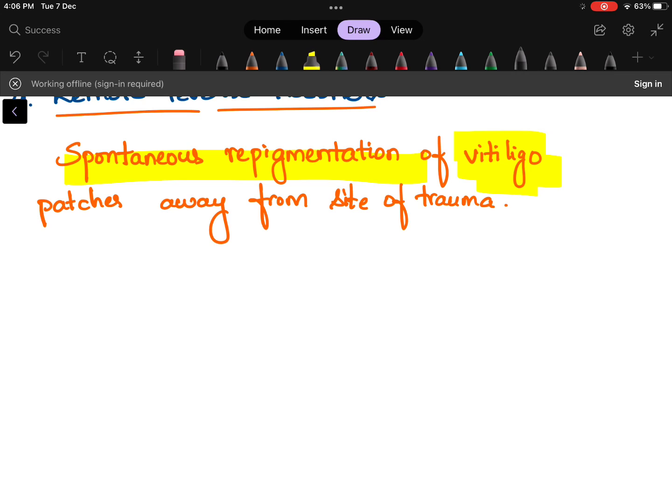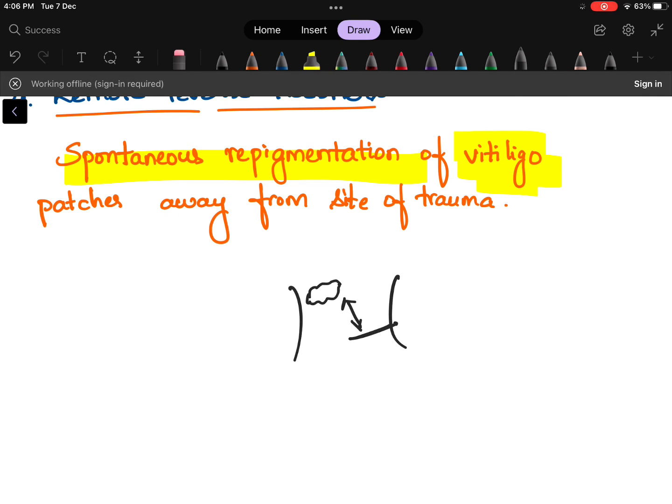How can we understand this? Take for example, this is a body part and there is a vitiligo patch here. Okay, it is actually depigmented. Now, a trauma is made here, away from the site of the vitiligo patch.